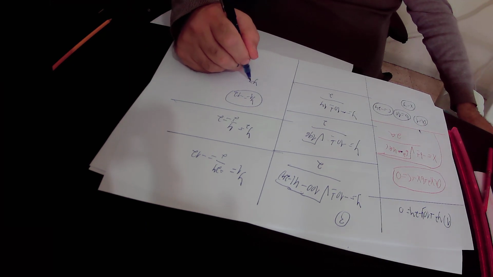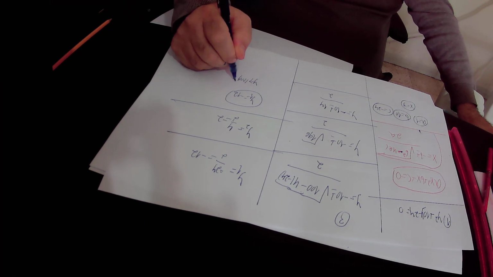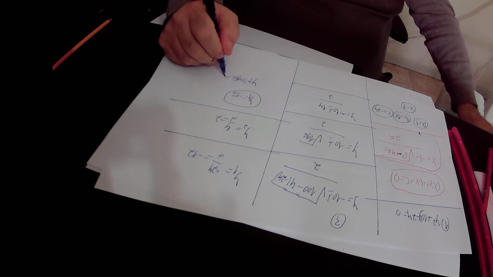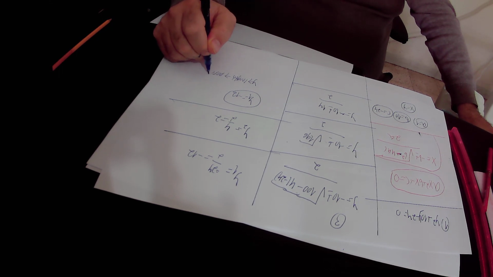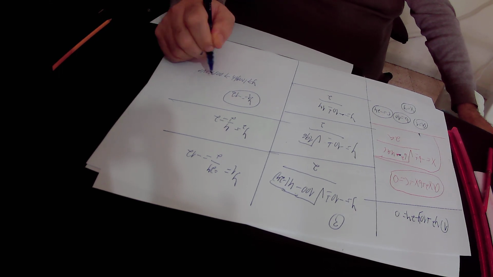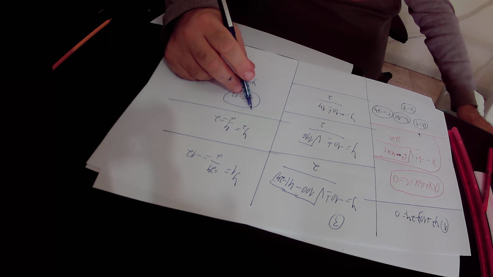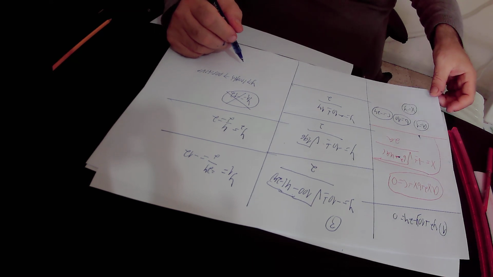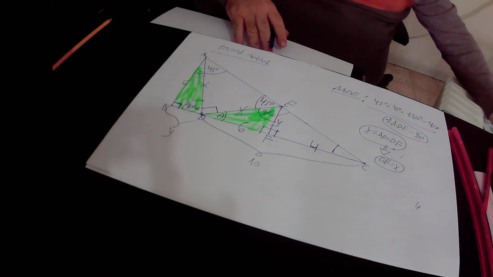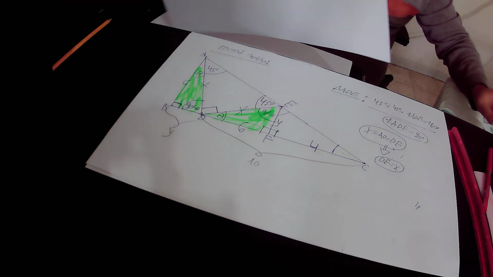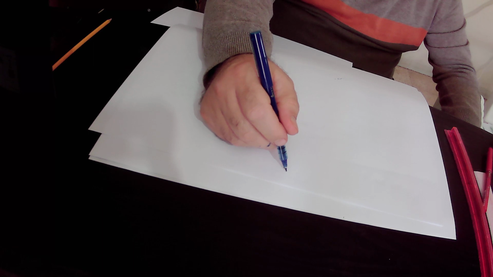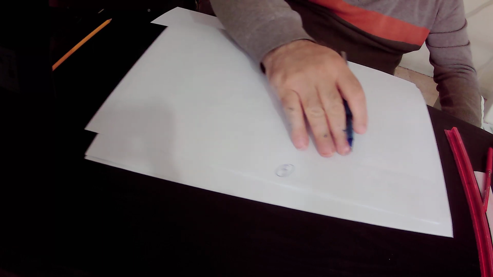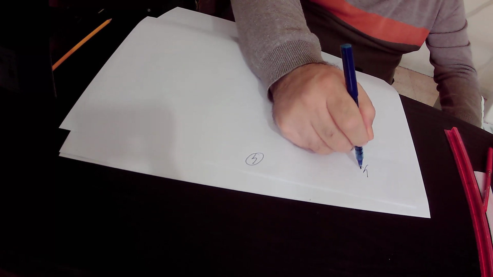Y is a length, therefore it must be a positive number, and minus 12 is a negative number, so this solution is incorrect. We'll cancel this solution, and we are left only with the solution that y equals 2.